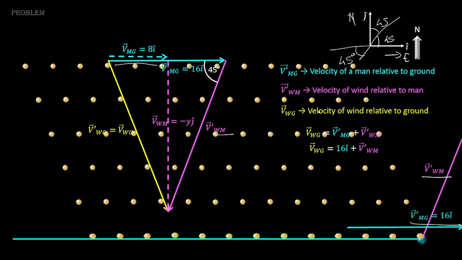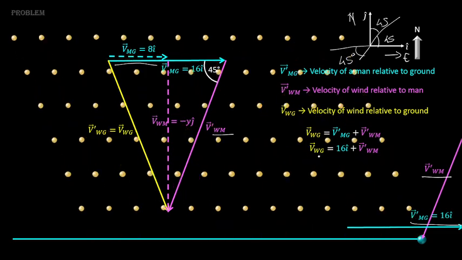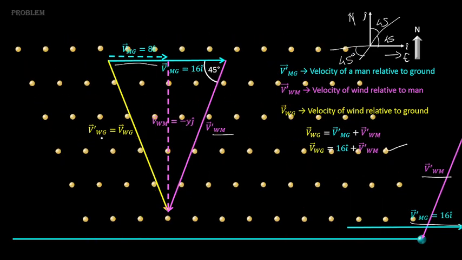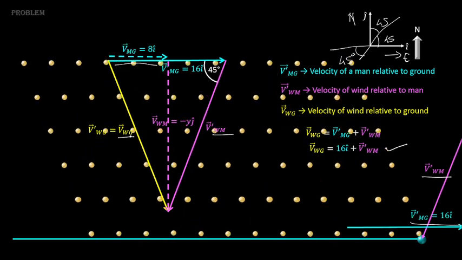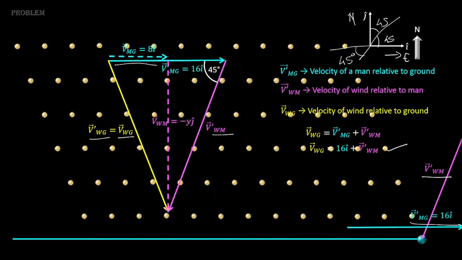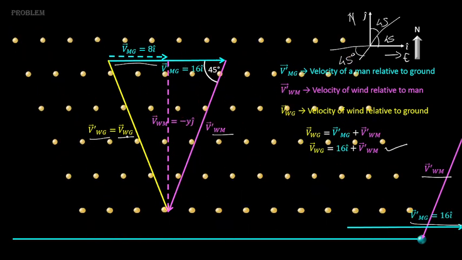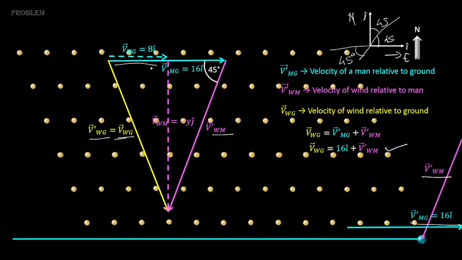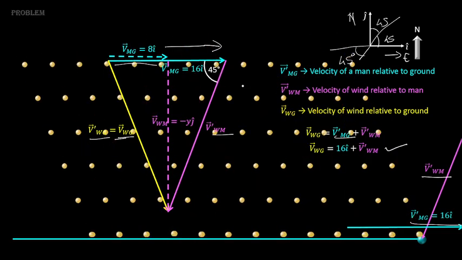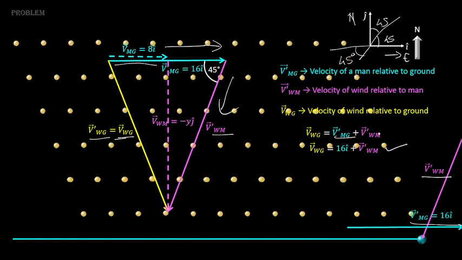So again here we have a relative velocity equation. The wind velocity relative to the ground remains unaffected irrespective of how fast or slow man moves. So wind velocity relative to ground is equal to velocity of man relative to ground plus the velocity of wind relative to man.